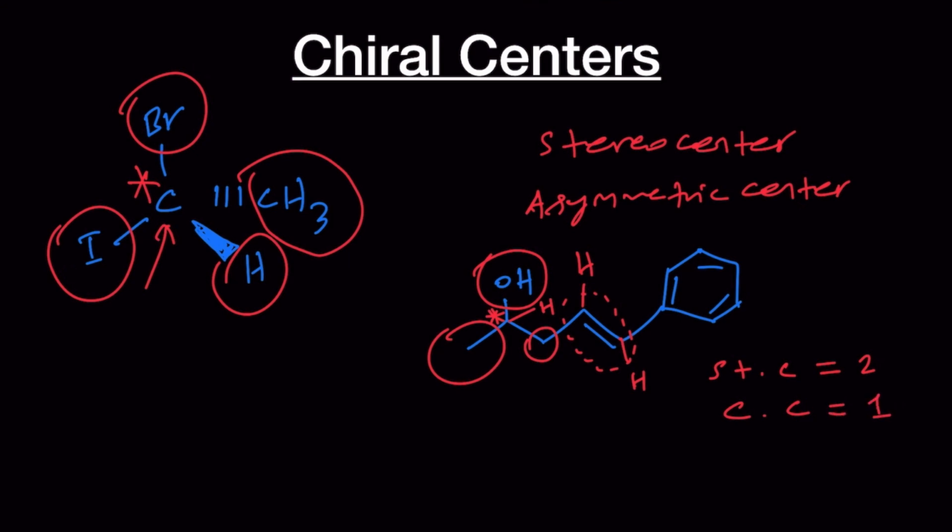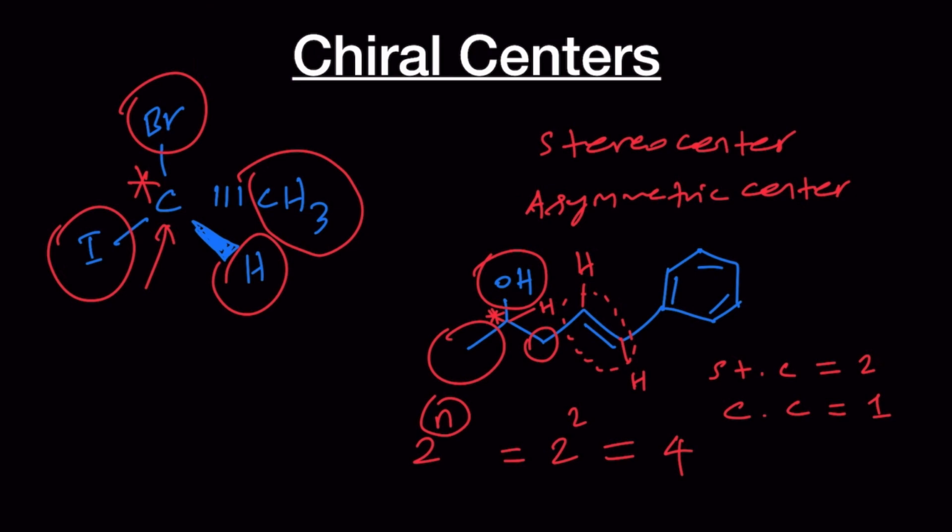But how about the total number of stereoisomers? The total number of stereoisomers is 2 to the power n, where n is the number of stereocenters. Therefore, this will be 2 to the power 2, so the number of stereoisomers in this case will be 4.